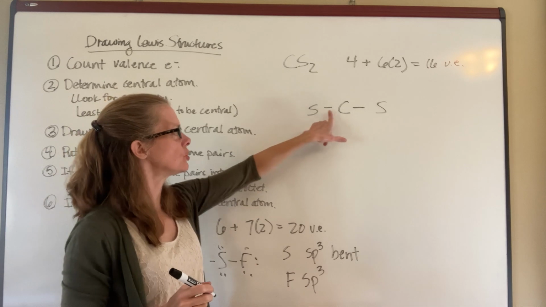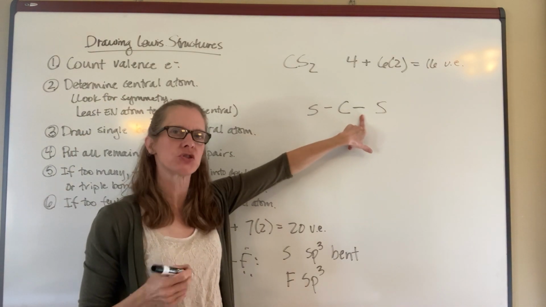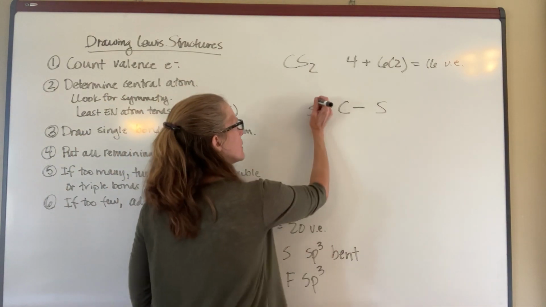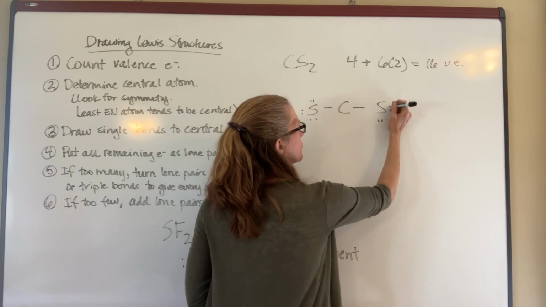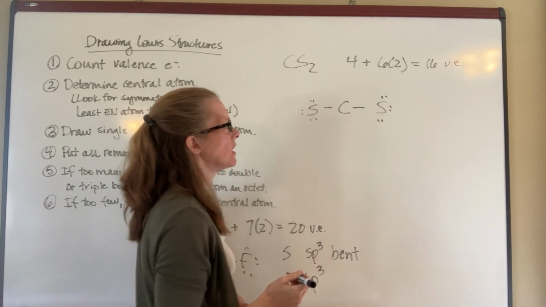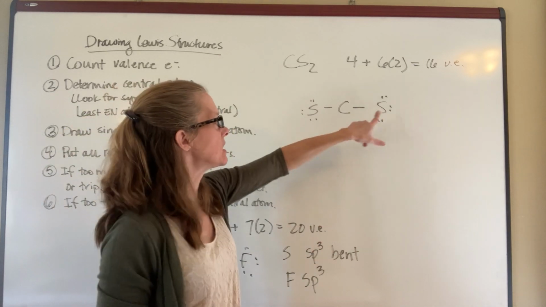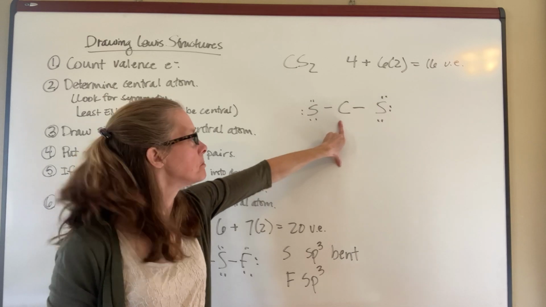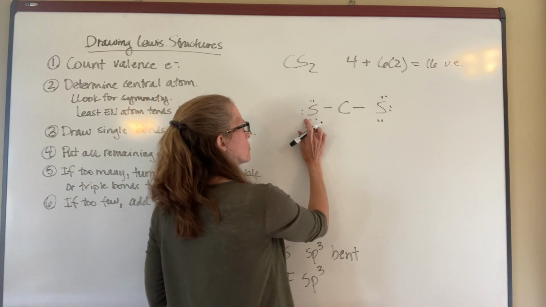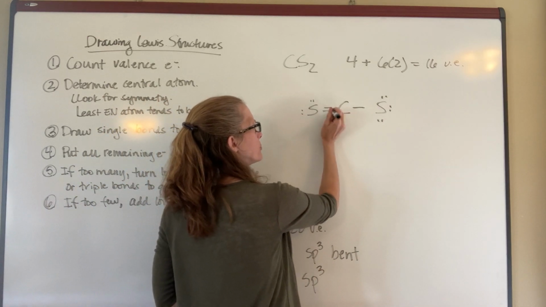So I've used 2, 4. Now let's start adding valence electrons. 6, 8, 10, 12, 14, 16. Well, I've used all 16, and carbon does not have an octet yet, so I'm going to have to start moving them. So let's say I take this one off and put it there.